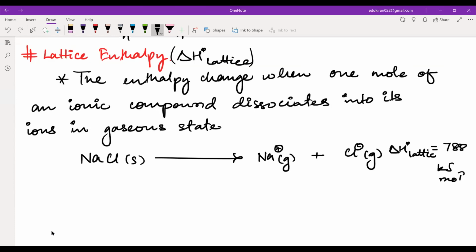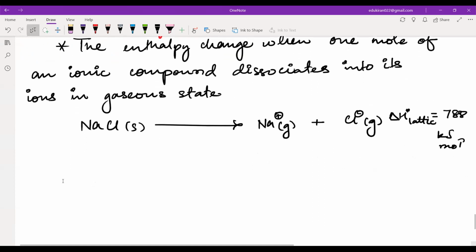Now, for lattice energy, you need to break NaCl into its gaseous ions, right? So you have to destroy something, but we don't want to destroy sodium chloride. Is there any way? We have some enthalpy values already in the data booklet, right?